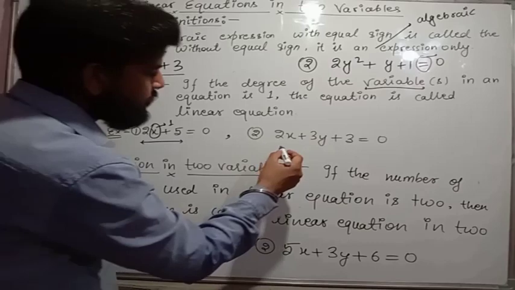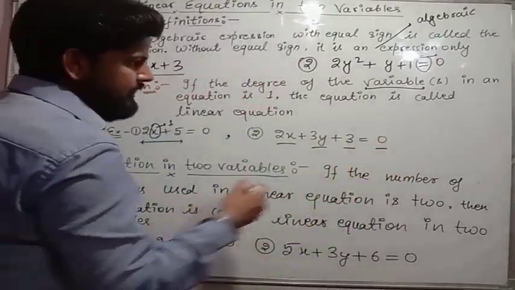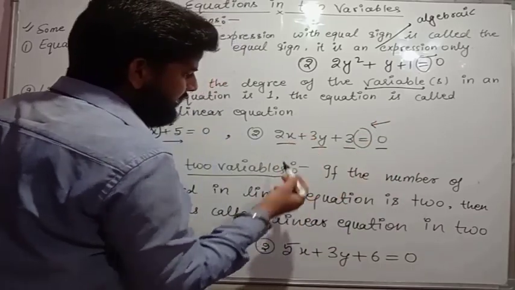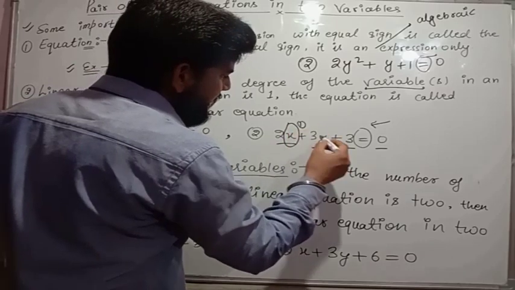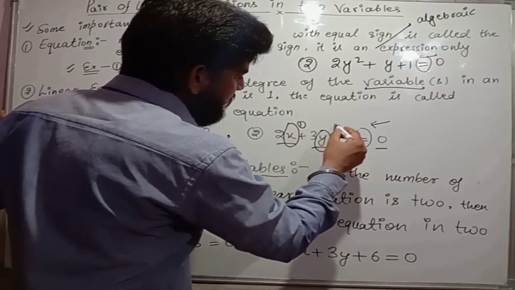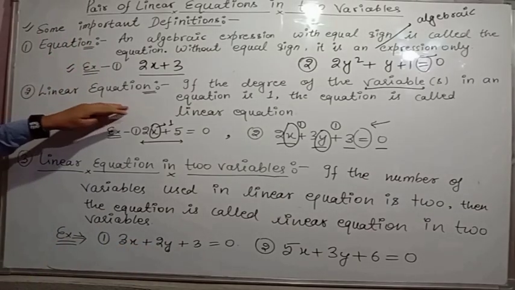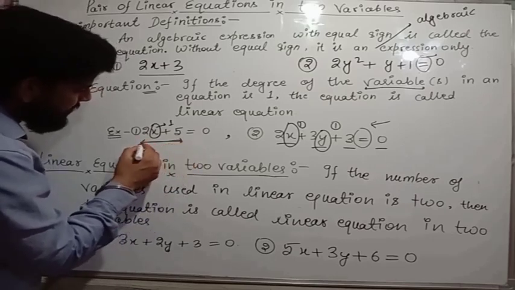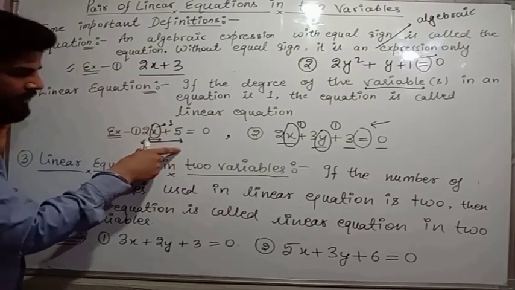Or here, as we can see, 2x plus 3y plus 3 equals 0. It has an equal sign, so this is an equation. Now come to the degree. The highest power of x is 1 and the highest power of y is also 1. So this is also a linear equation. The first equation has only one variable, so we say linear equation in one variable.